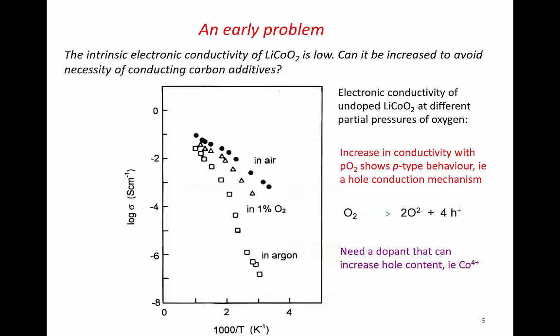So from that graph we can say, well, if we want to increase the conductivity, we need to find a dopant that can increase the hole content. And thinking about lithium cobalt oxide, which contains cobalt 3+, that means that we want a dopant that can increase our cobalt 4+ content.